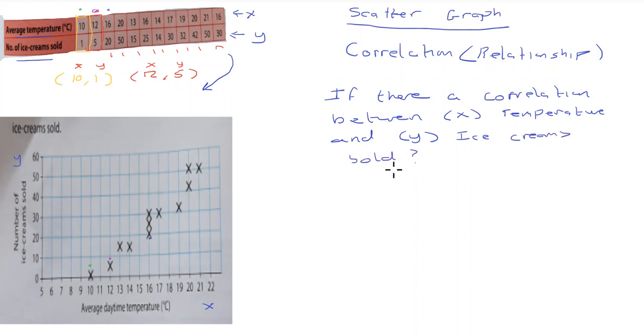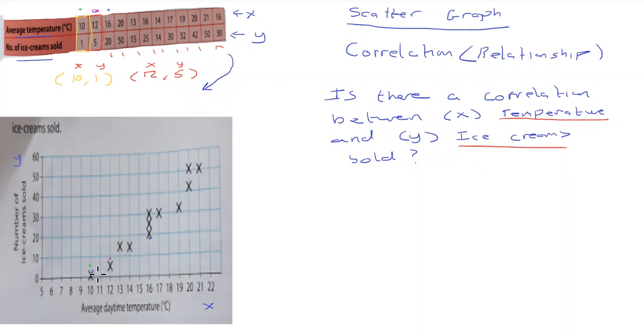So is there a correlation between x and y? Of course x and y can be anything, but in this case we're talking about the average temperature during the day and the number of ice creams sold.